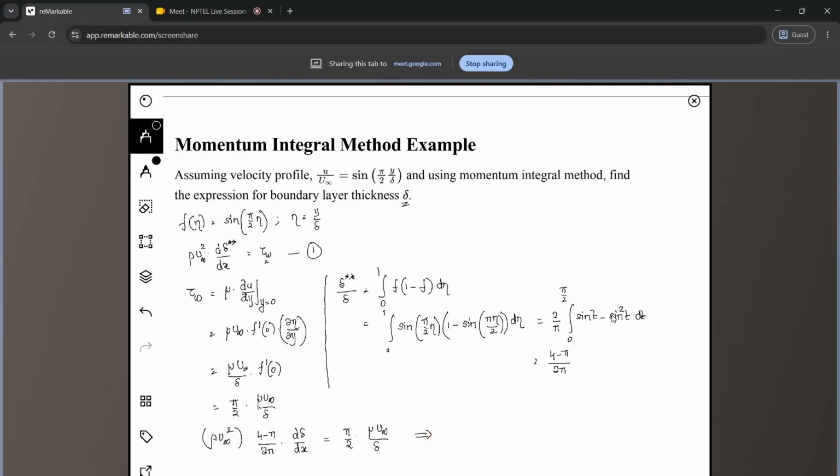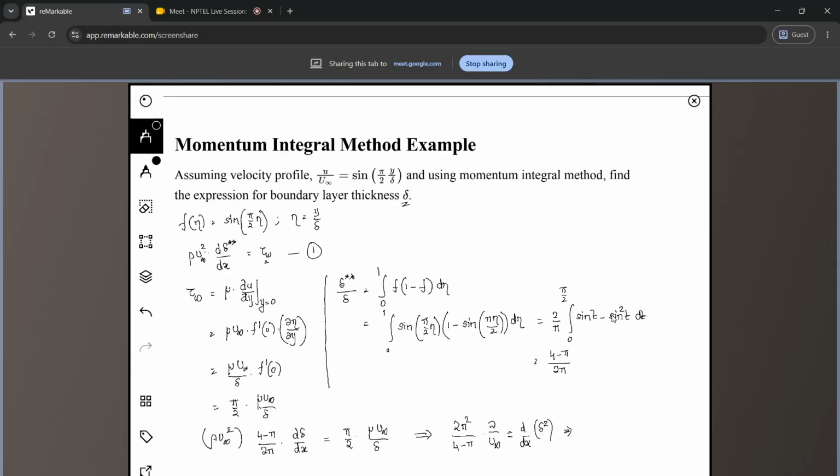So if I rearrange this, I have something like 2 pi squared by (4 minus pi) mu by u infinity. I've just added this 2, so I can write this as d/dx of delta squared.